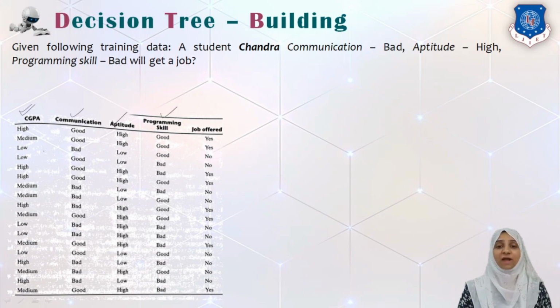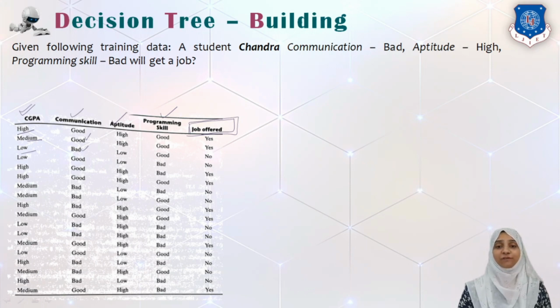On the basis of the values of these 4 attributes, they have past history of whether they offered a job to that particular student or not. So the output, job offered, can be either yes or no. Again, it is a binary classification. The CGPA of a student can be either high, medium or low, so there are 3 possible values of CGPA. Communication of a student can be categorized into good or bad.